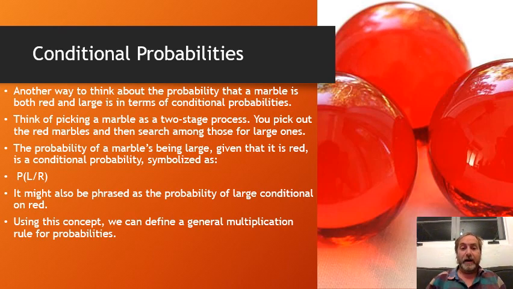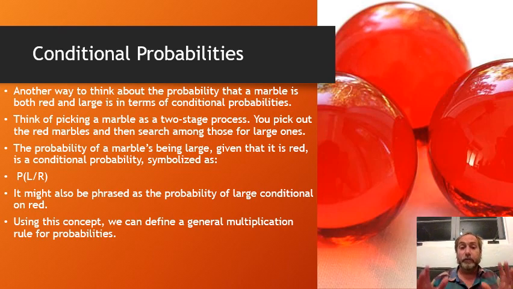So think about picking a marble as a two-stage process. You pick out the red marbles, and then you search among those reds for the large ones. We can say the probability of a marble being large given that it is red. You picked out all the reds, and then given that we're dealing only with red marbles, what's the probability of getting a large one?